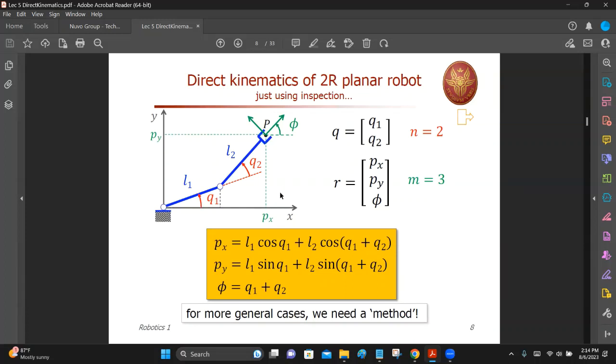But we can see the coordinate frame of that link, the base coordinate frame. This is X, this is Y. So the XY coordinate frame here is the base coordinate frame. This base coordinate frame is not moving, it is fixed. With respect to that, link 1 rotates. At this moment, it has already rotated by angle Q1.